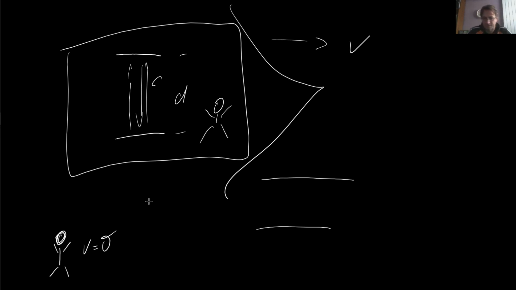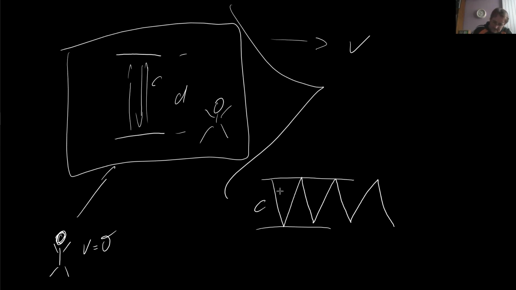Now you have the observer at rest that sees this system. What happens is that this light ray is not resonating at the same place. It's moving while resonating. The velocity is the same, but if we consider this here, this is d, the distance between the two mirrors.